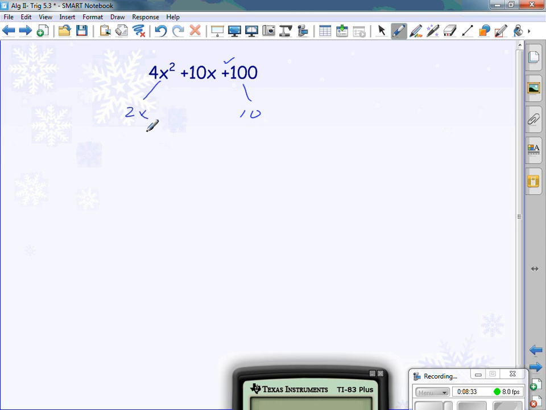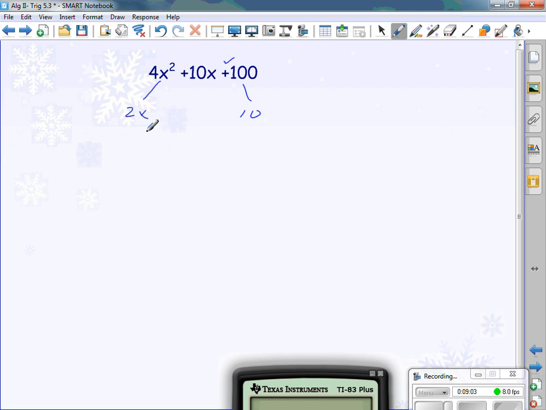What is it? 2 times 4x times 10. What is it? 80x. 2 times 2x times 10. 40x. Do I have 40x in the middle? So is it special? No.